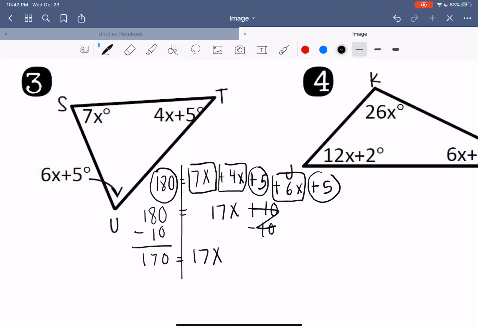And then our last step is to divide both sides by our coefficient of 17, and we will be left with 170 divided by 17, which is 10. All right.